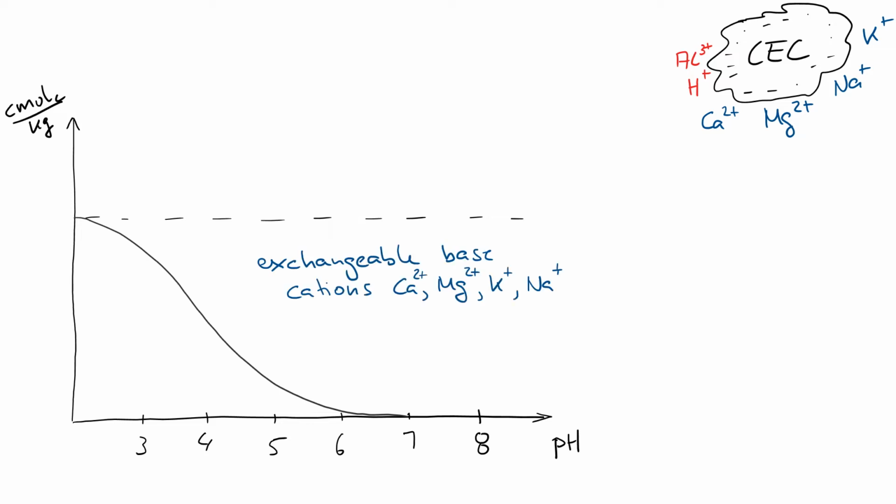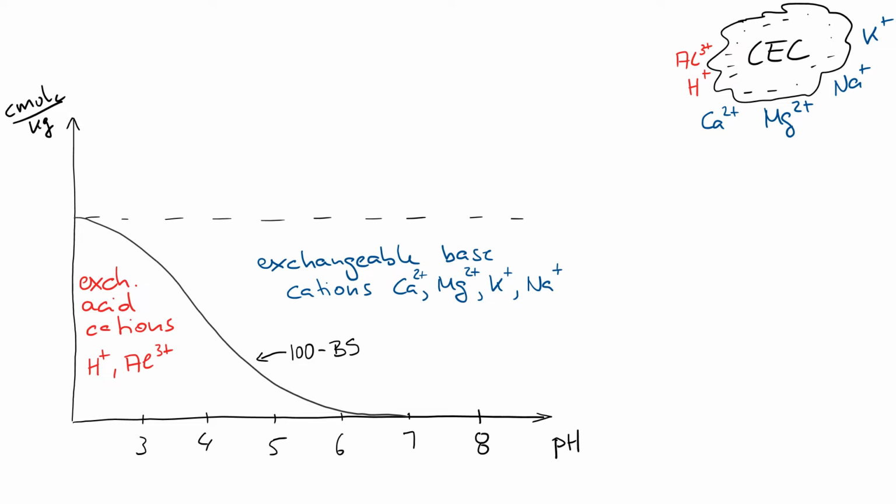We have exchangeable base cations, which dominate the exchange sites at higher pHs, and exchangeable acid cations that dominate at lower pHs. The curved line in between is essentially the inverse of the base saturation line. I've written it here as 100 minus base saturation, but you could also look at this as an acid saturation line.